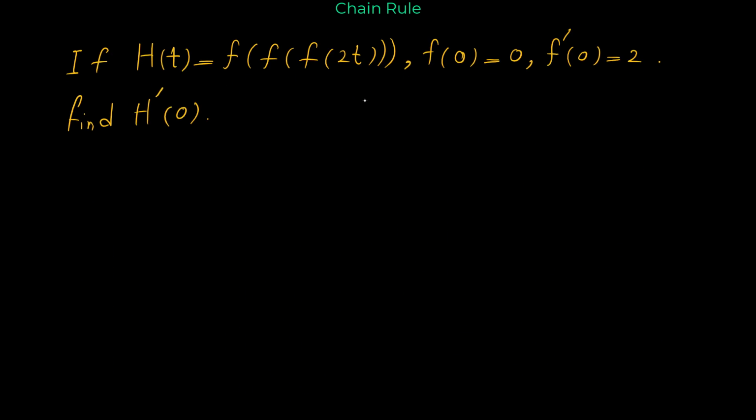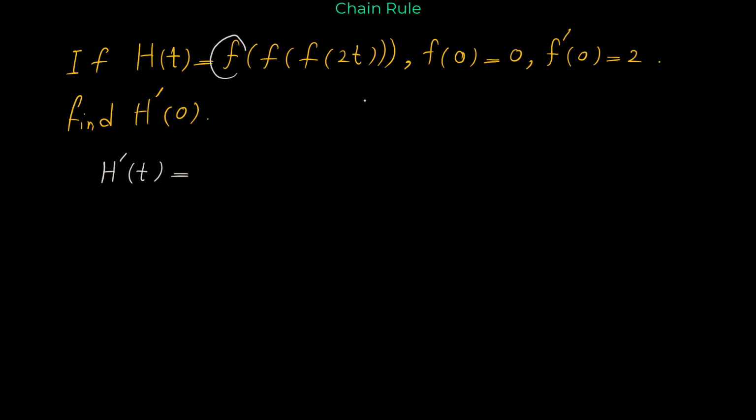Now look at this question. h of t is given f of 2t, and f of 0 is 0, f prime of 0 is 2. We want to find h prime of 0. We use the chain rule to find h prime of t first, and then we plug in 0 for t to find h prime of 0.